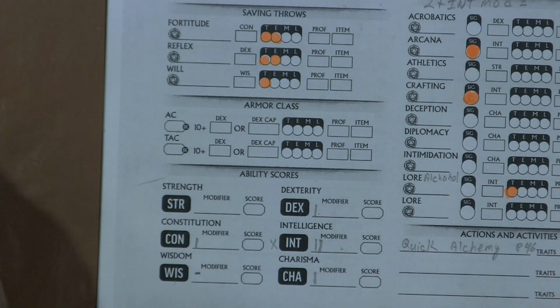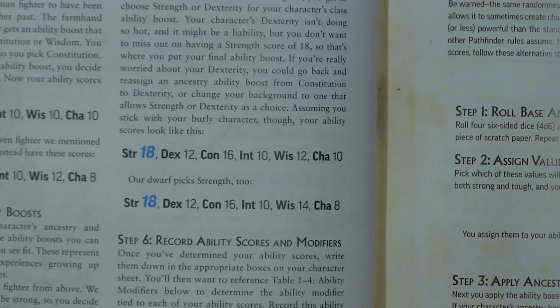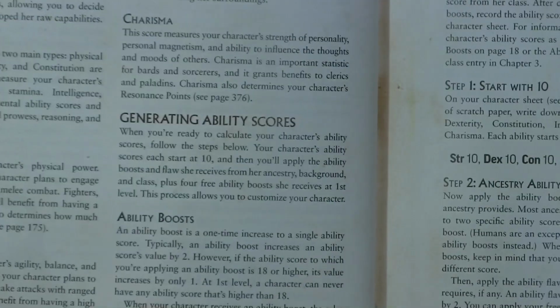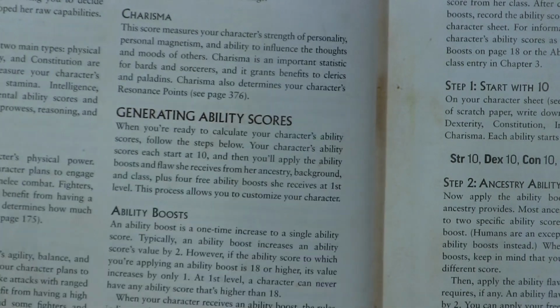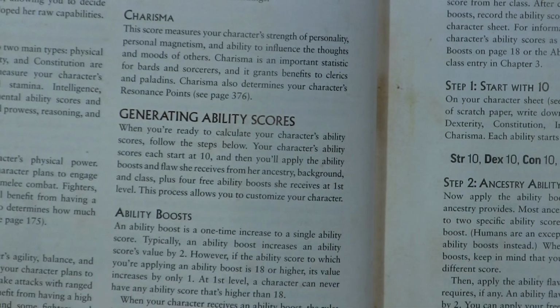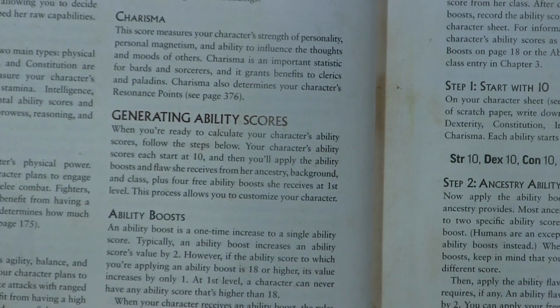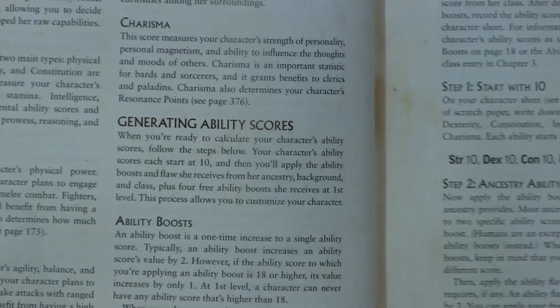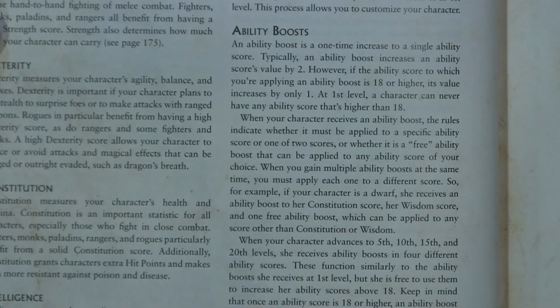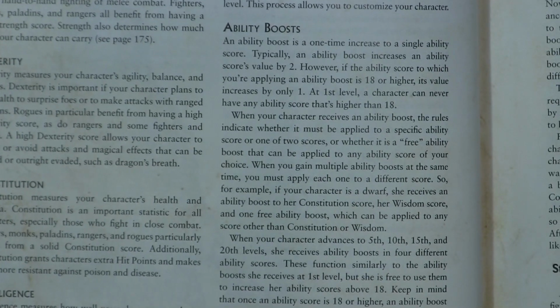So just so you guys know where I'm getting some of this information from, it's pages 18 through 20. And the step-by-step instructions are here, but your ability boosts are listed right here. You can't go above 18 at first level.